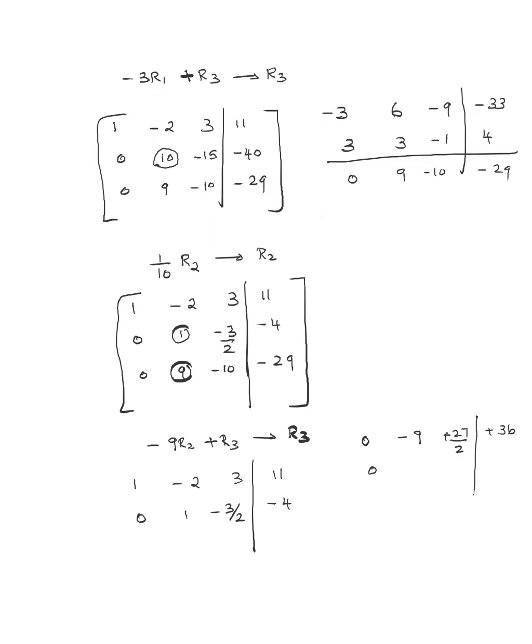And then you add these two. So we get 0, 0, 7/2, and 7.